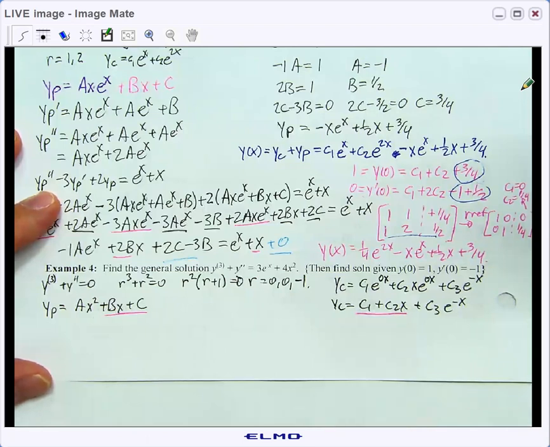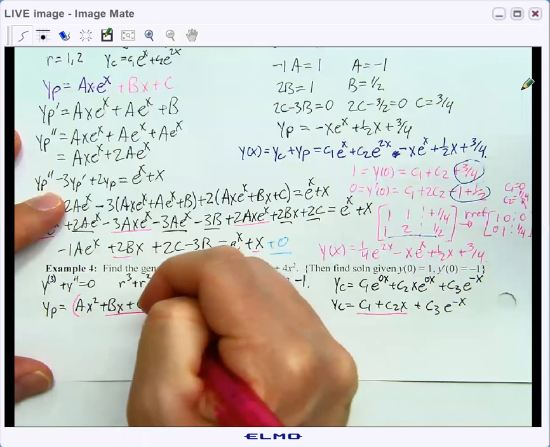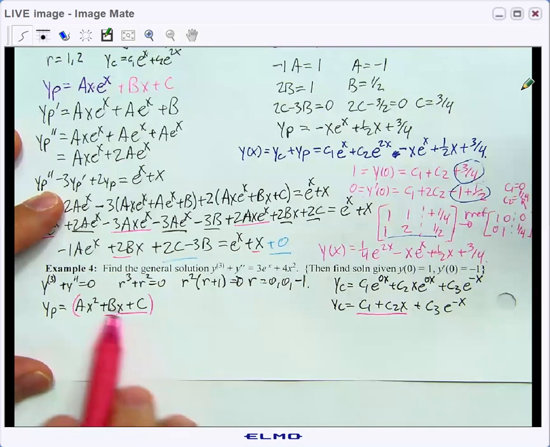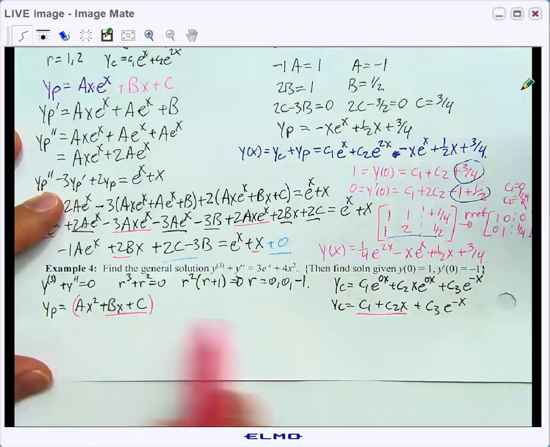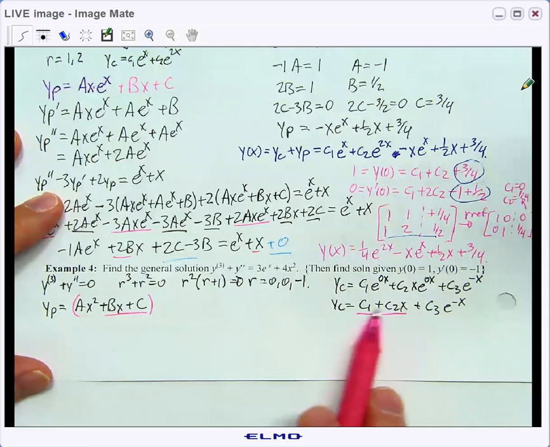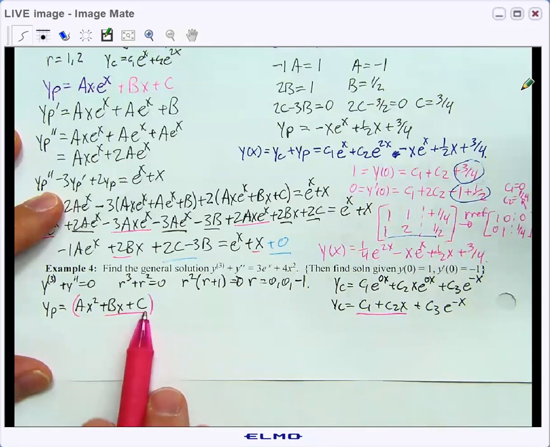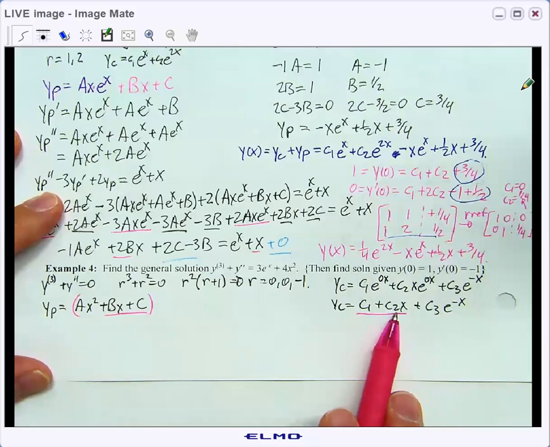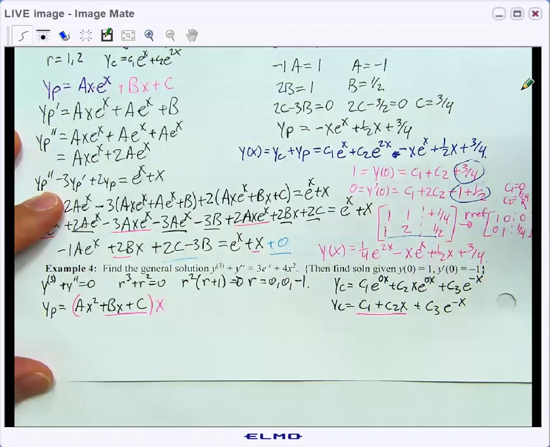The way we're going to do that is we're going to take our particular solution trial, and if we multiply by an x, we'd have ax³ + bx² + cx, which is good because there's no x³ or x² in the complementary solution, but the cx would duplicate. So multiplying by x is not enough.